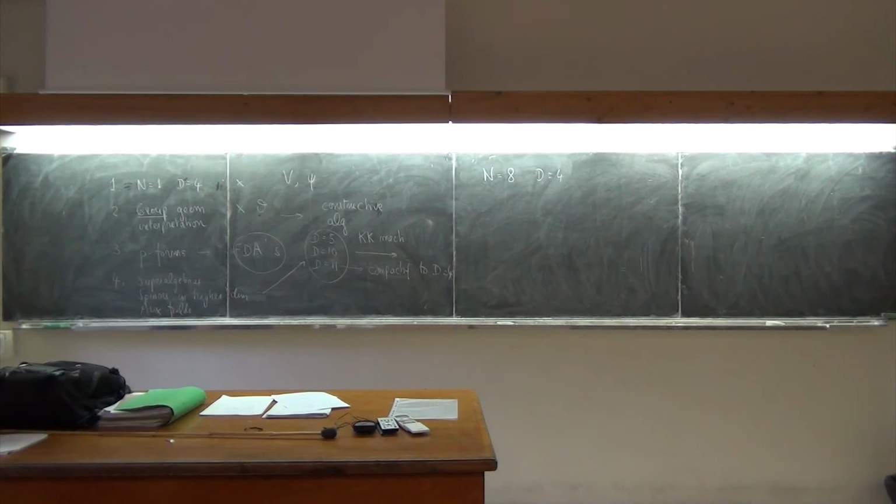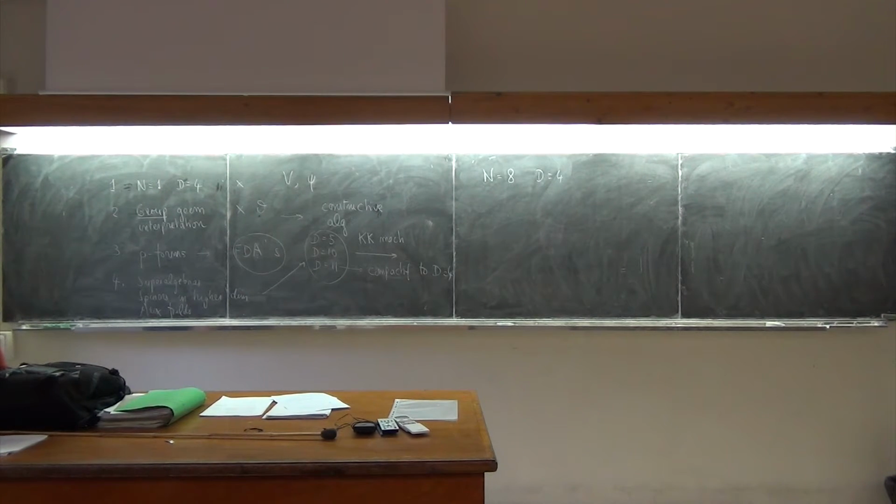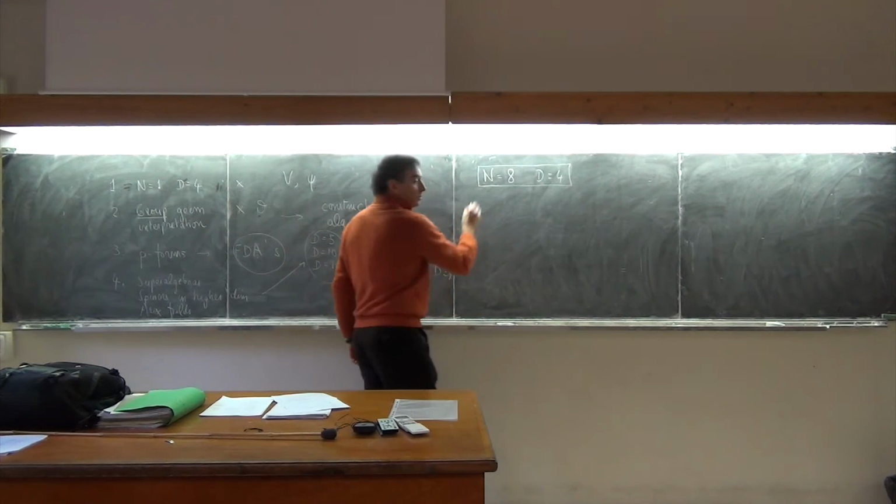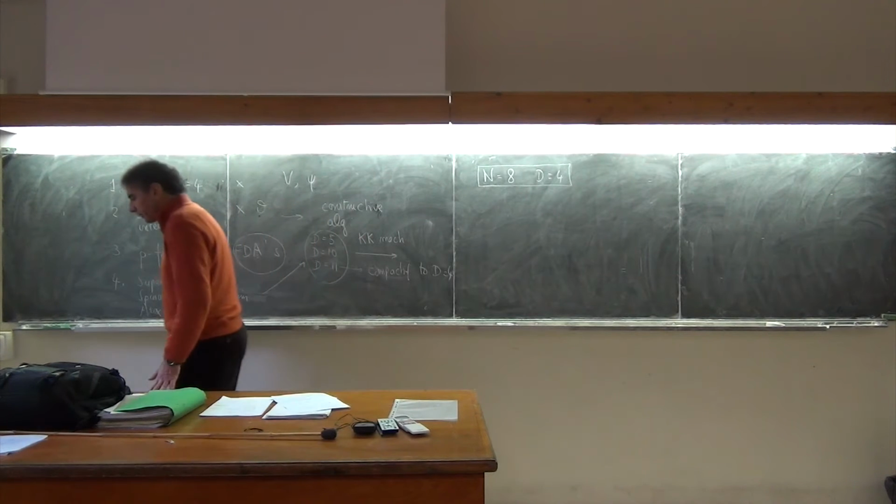One of them is led by Bern, and there, in fact, up to I think 5 loops, no infinities have been detected yet. And there are many conjectures as to what are the symmetries that ensure this conjectured finiteness of higher n equal 8 supergravity in 4 dimensions. So this is a strong, modern motivation for the study of supergravity theories.